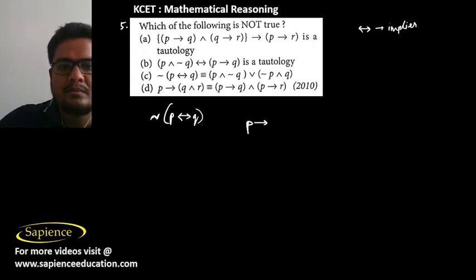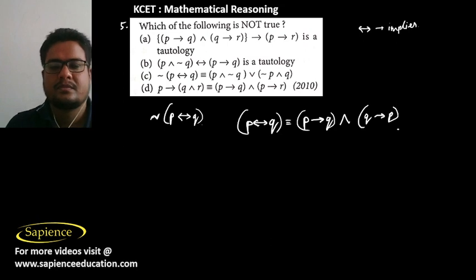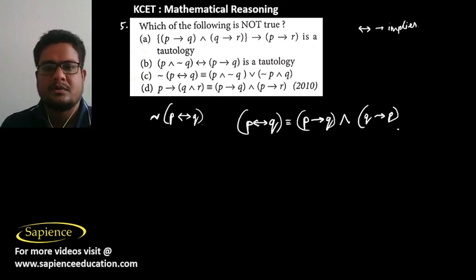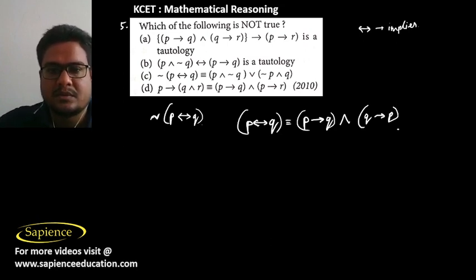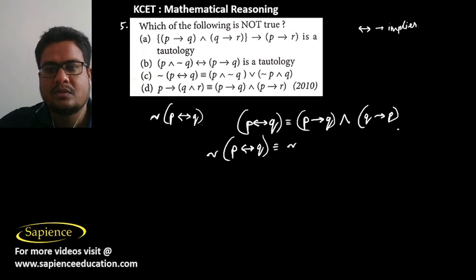So therefore P implies Q. This statement is equivalent to if P then Q and if Q then P. Therefore the negation of this, not of P implies Q, will be equivalent to not of (P then Q) or not of (Q then P).